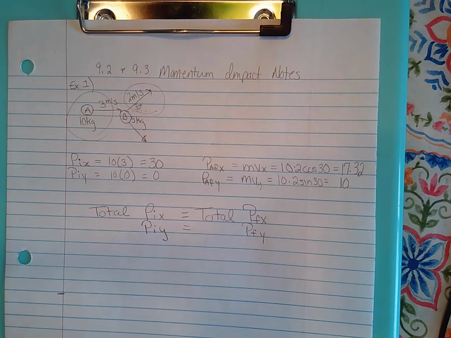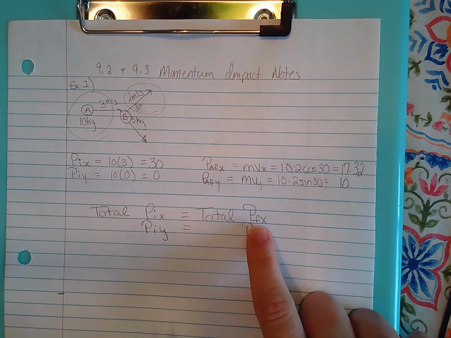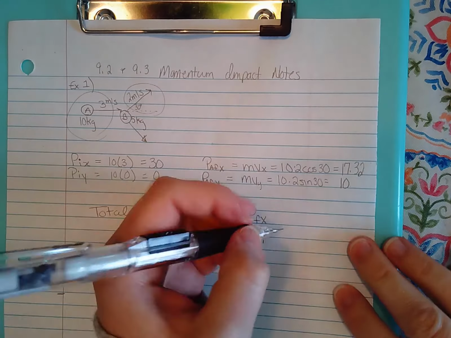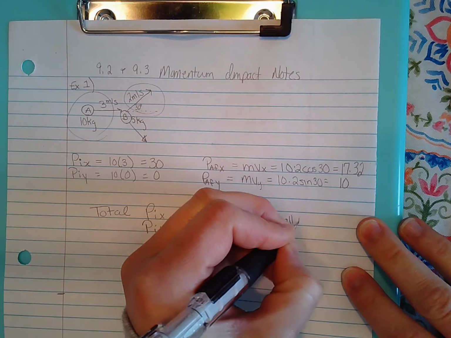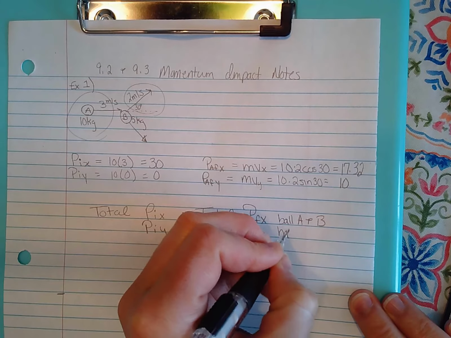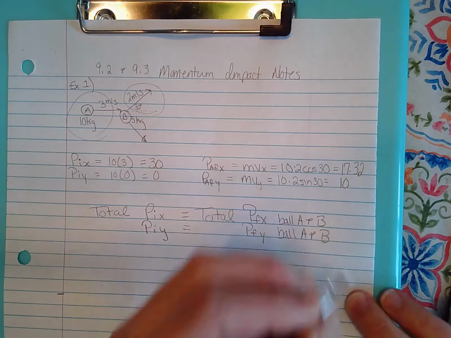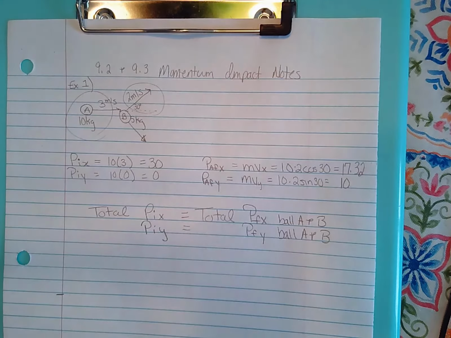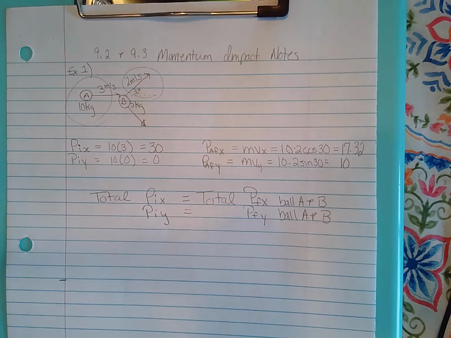But the problem with this particular problem is that the x direction is made up now of ball A and B, and the y direction is also made up of ball A and B. So we have to take that into consideration. All right, I promise it's not too hard.